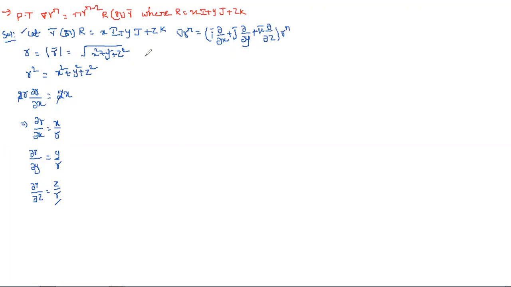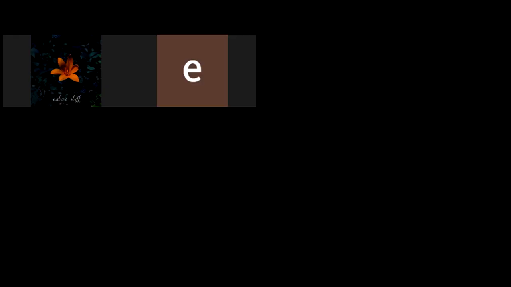You can calculate the entire one, or simply you can choose only the first summation, the i coefficient, and after expansion you can extend that for j as well as k. So simply we can write summation i dou by dou x of r power n.